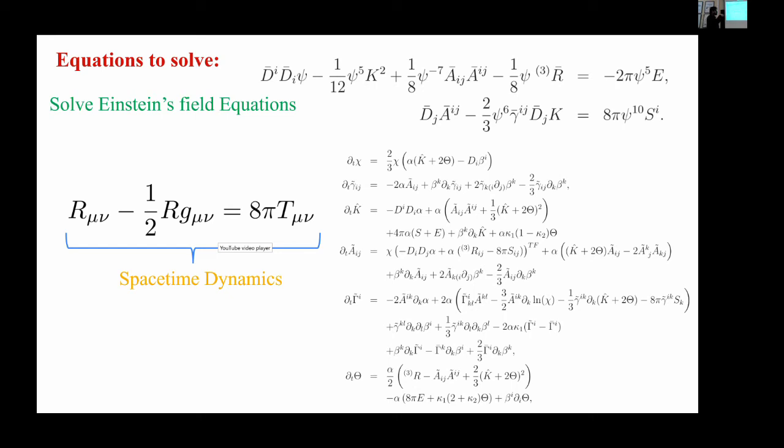One is the constraint set of equations, and the other set is the evolution set of equations. And there's an analogy within electrodynamics, like Maxwell's equations, where you also have constraint equations and evolution equations. So you basically get something like that.